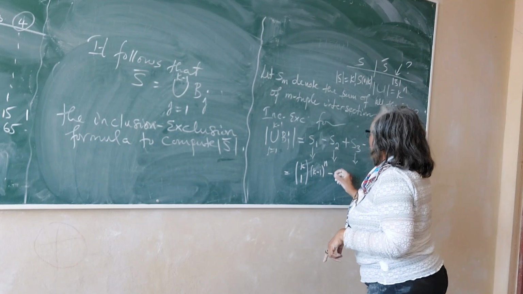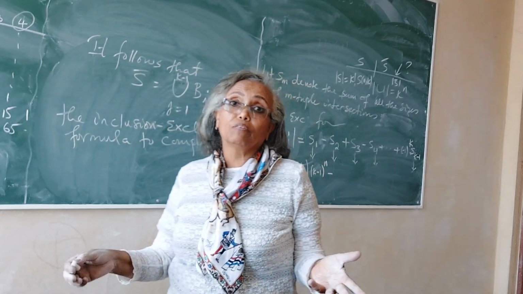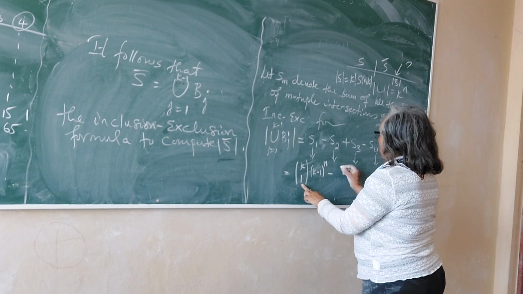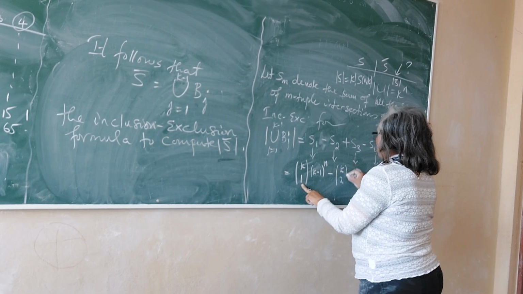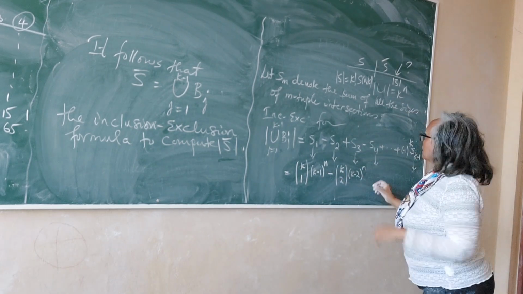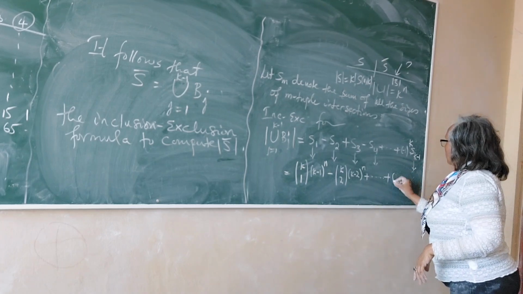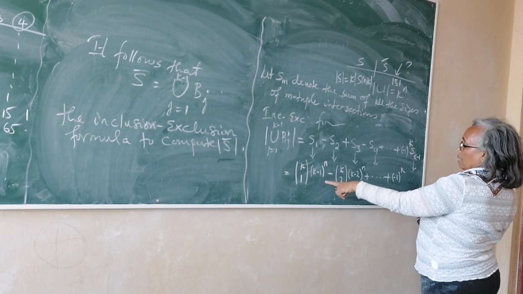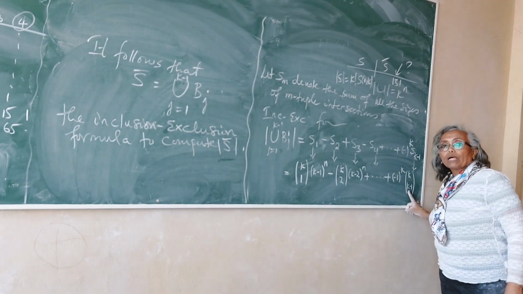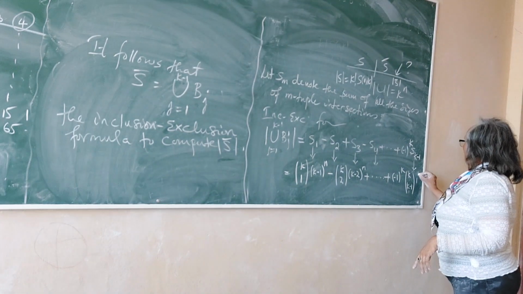There comes the minus. Now, this is the case of 2 boxes being left empty. There are solutions which leave 2 boxes empty. So, obviously, I will have k choose 2 times k minus 2 raised to n. It goes on this way, and at the end I will have minus 1 raised to k, times k choose k minus 1, with k minus 1 empty boxes and 1 box, so 1 to the power of n.